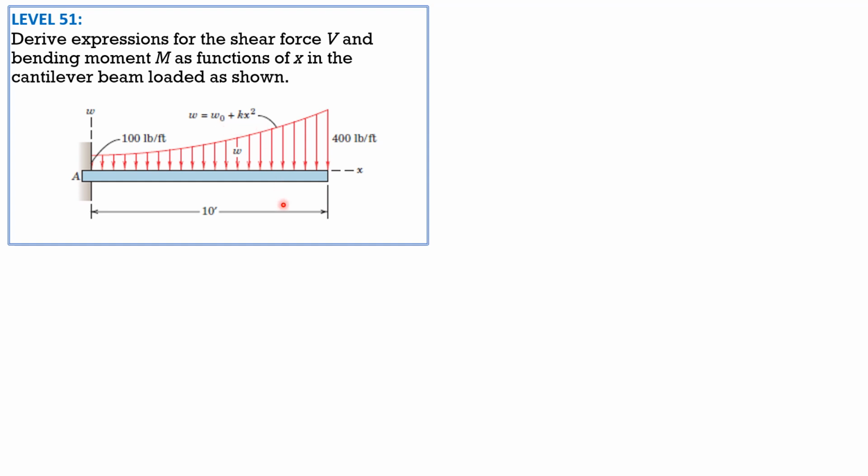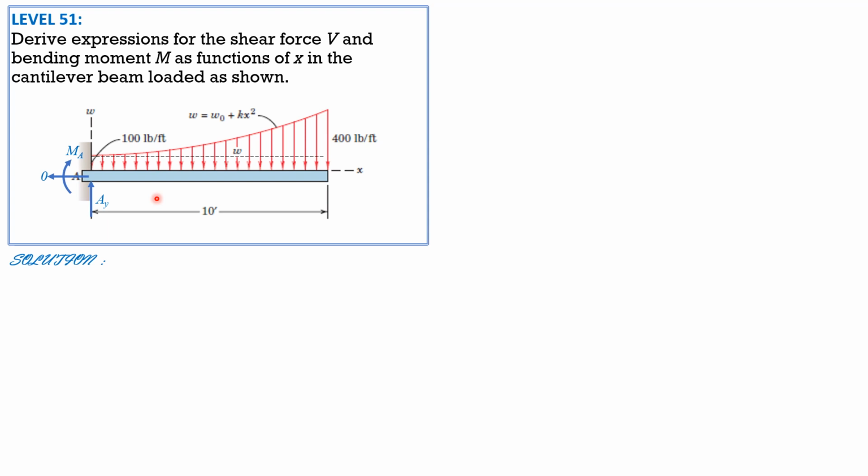So we will divide the loadings into rectangular and spandrel of parabola loading. So we'll call the reactions Ay, then Ax is 0, moment at A, let's assume positive, so clockwise.